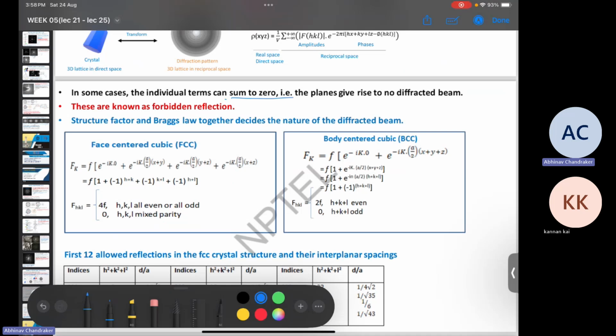That is, those planes will not show any diffraction spot. Even though they are in diffraction condition, they still do not show diffraction spots.